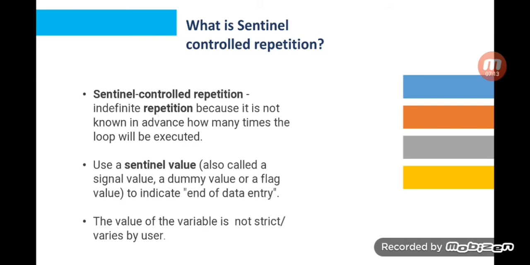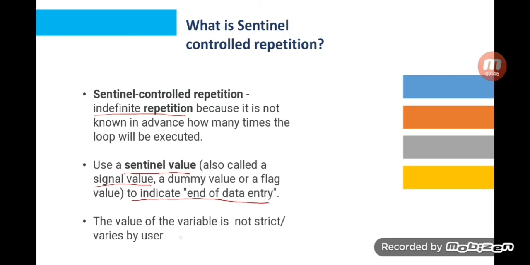Indefinite repetition, because it is not known in advance how many times the loop will be executed. Kita tak state dia punya mula daripada berapa, and then kita tak specify berapa kali dia nak buat looping tu. So kita ada sentinel value or signal value to indicate the end of data entry.